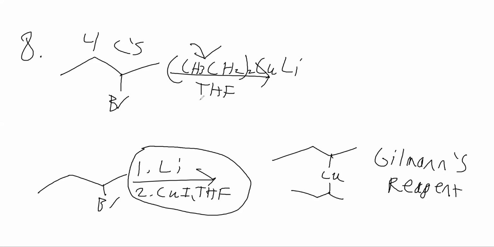Does that explain the difference? What you brought up is how you form this copper complex, and then you use that same thing to react with an alkyl halide with these conditions. I know it's a bit weird because it seems like it's going in a circle, but that's just how this is.